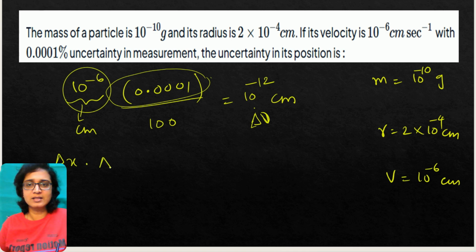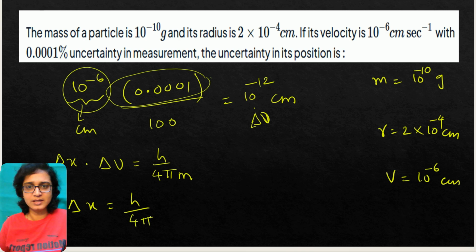So delta x into delta v is equal to h by 4 pi m, right? And they are asking position, that will be h by 4 pi m into delta v. Okay, substitute here.